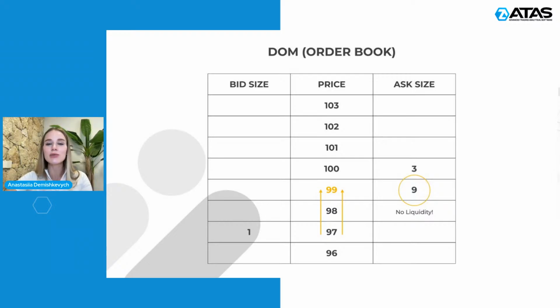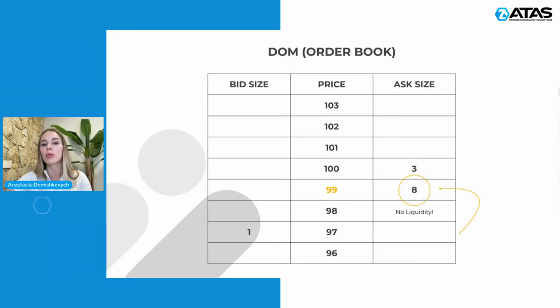The nearest available sell limit order is only at the price of 99, and even though the current price is 97, the aggressive buyer's trade will be filled at $99 because that is the only level where a seller exists. As a result, the market instantly jumps from 97 to 99, and this is what we call a gap, a sudden price jump to 99.